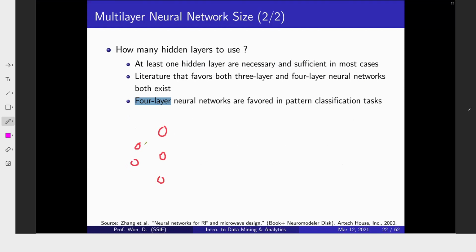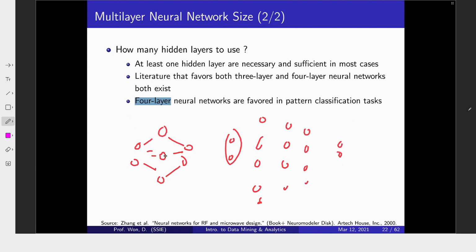Okay, this is a single layer problem, but more layers means that with the same inputs, you have hidden layer 1, another hidden layer, another hidden layer, and an output layer. Then think about the number of connections, the number of synapses.